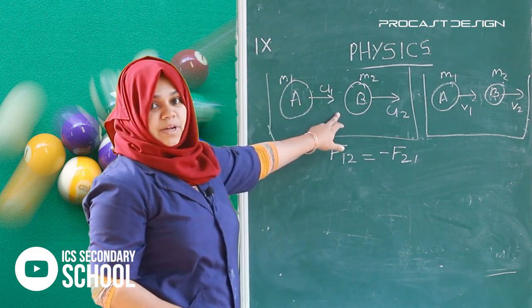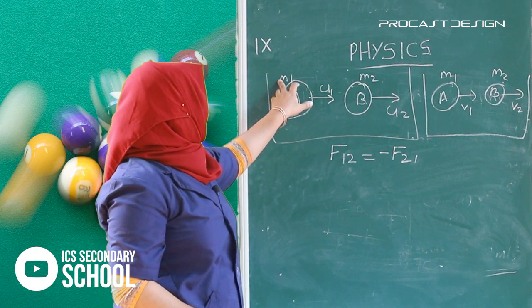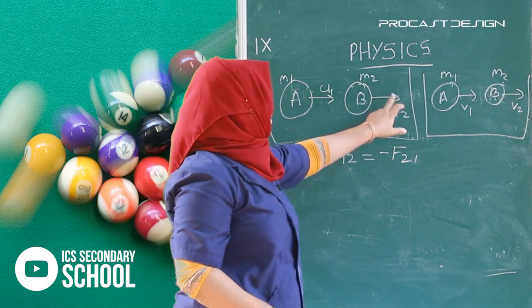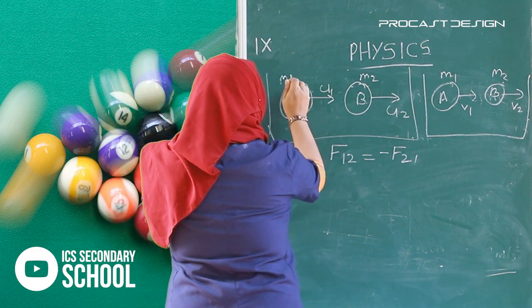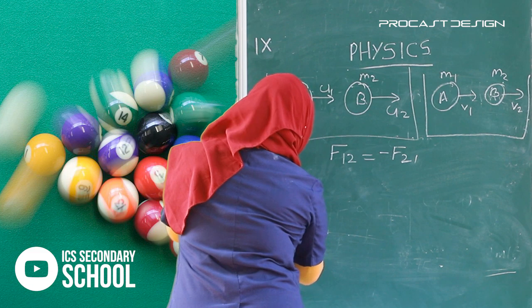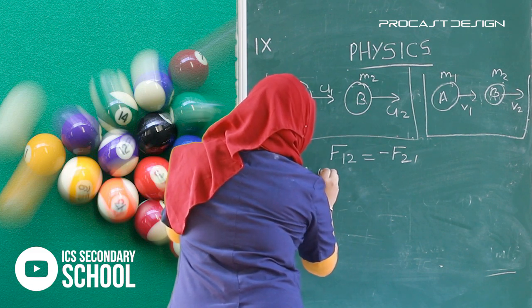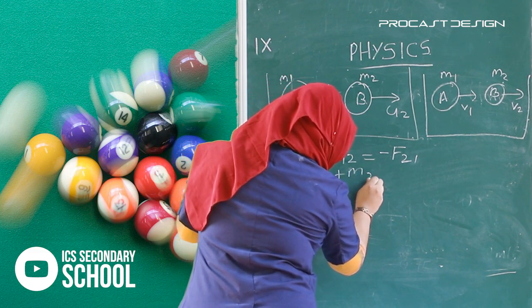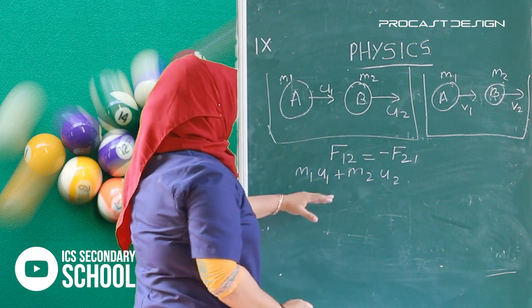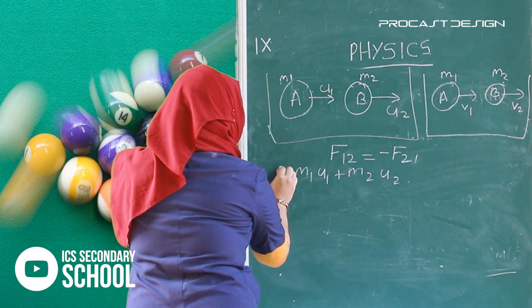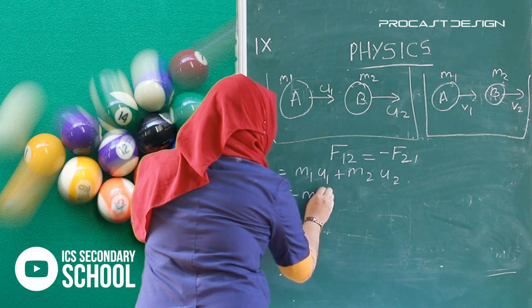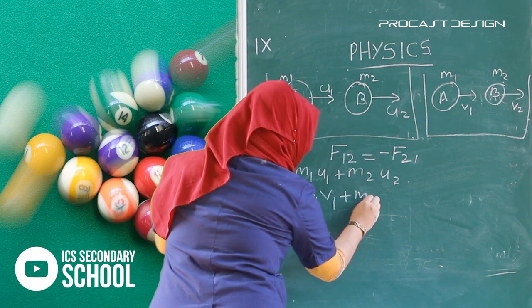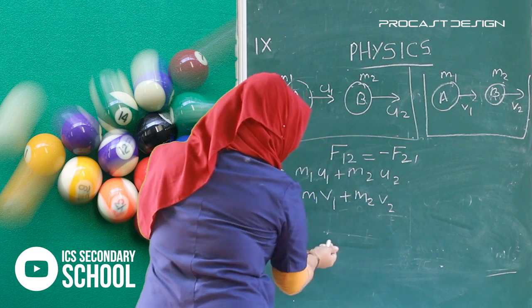Before collision, m1 u1 plus m2 u2. Total momentum after collision is m1 v1 plus m2 v2.